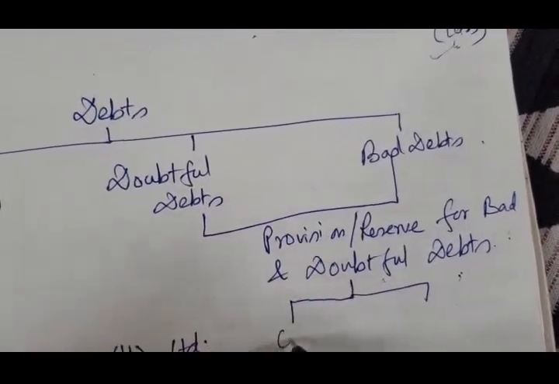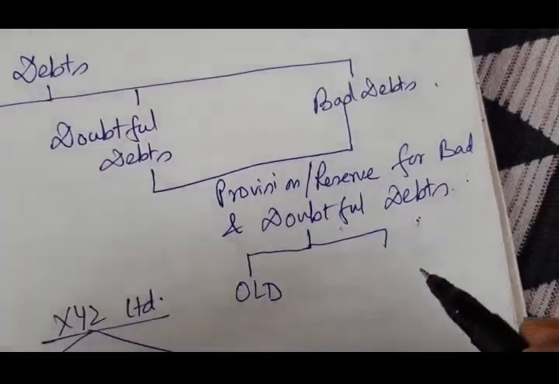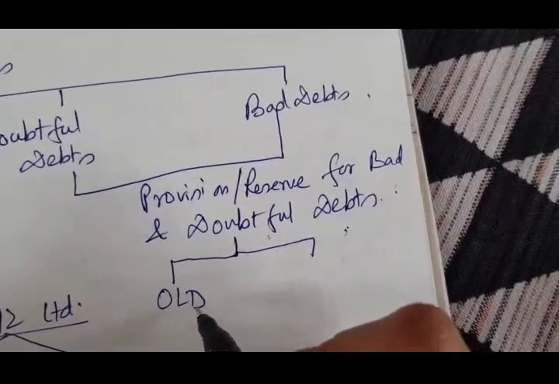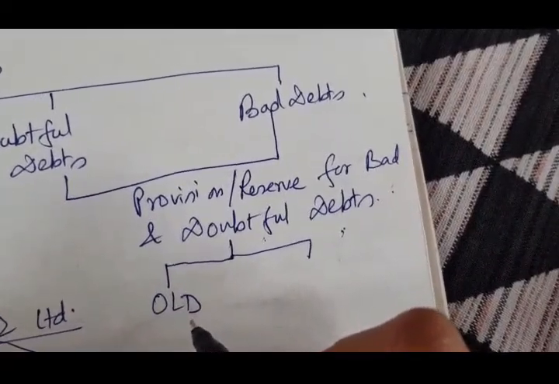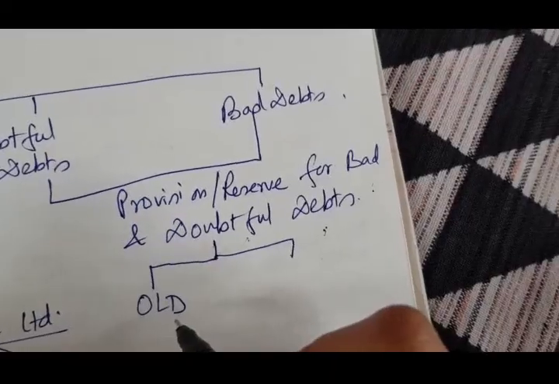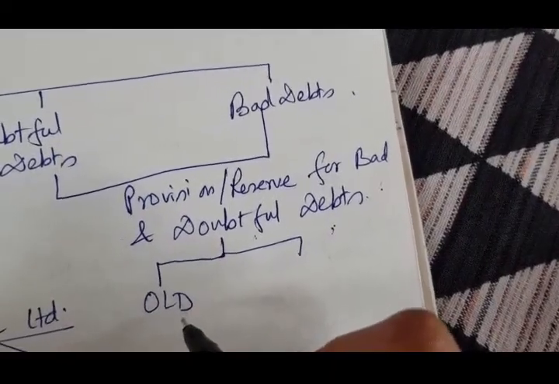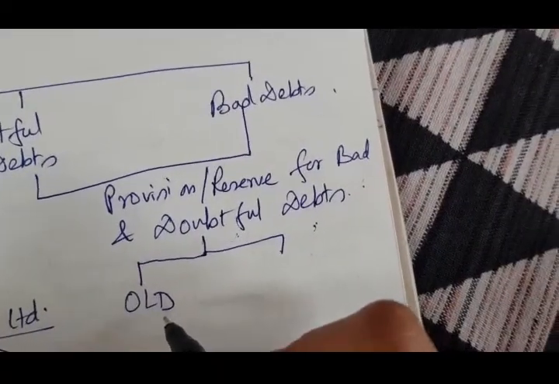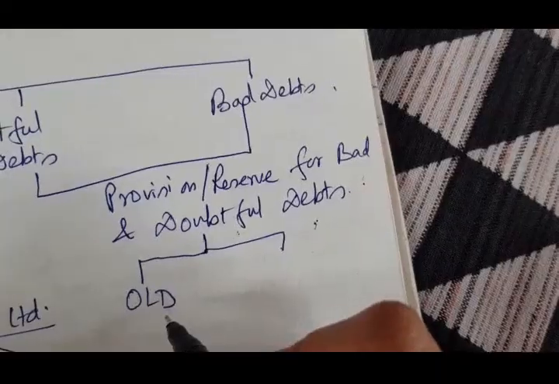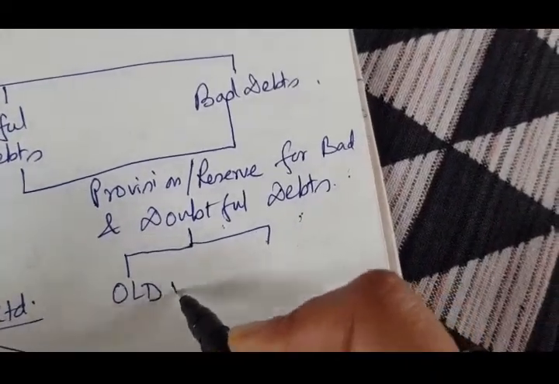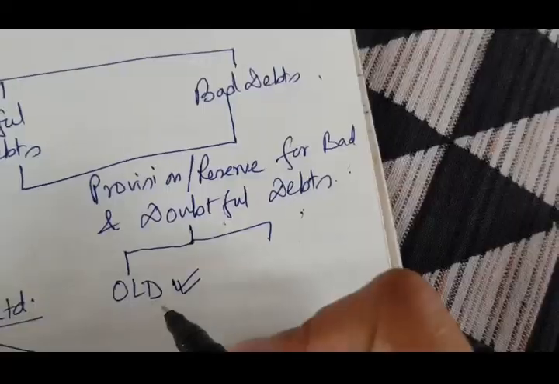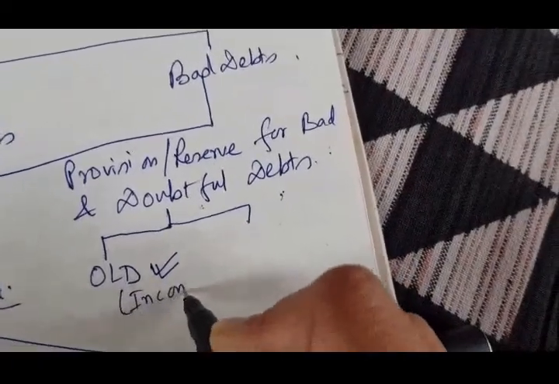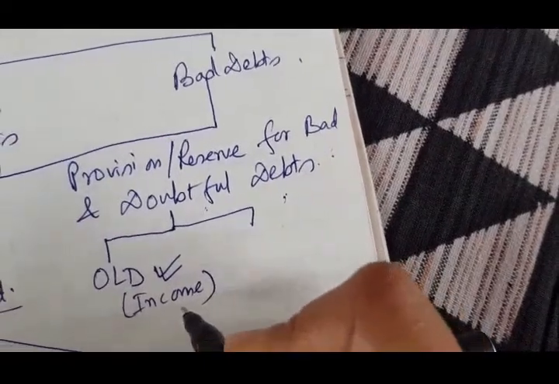One is called the old provision. What is the old provision? Say last year we created a provision of 50,000, and last year there was a loss of around 40,000. So there is an excess balance of 10,000 in our provision account. That we will consider for this year. That is called the old provision, meaning last year's provision. Last year's provision is this year's income.